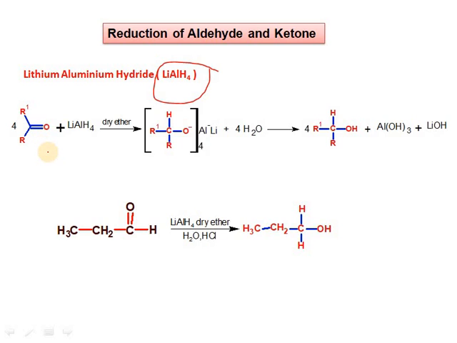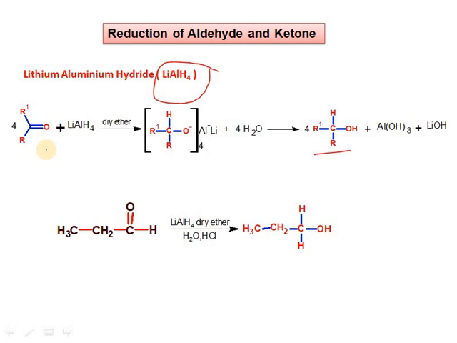It reduces aldehydes and ketones to the corresponding alcohols. The reaction is carried out in dry ether or THF, tetrahydrofuran, at room temperature, because it reacts violently with water and alcohols, and hence they cannot be used as solvents.